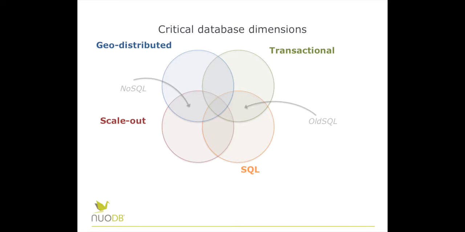And 10 years ago, what was available in a traditional scale-up database was a lot less capable than it is now. But even so, there are many use cases where you just can't deal with that. It's not a suitable solution. And if you're going to the cloud, of course, you want to go scale-out. So the NoSQL databases were addressing the cloud requirement entirely. But in order to escape scale-up, they kind of threw out the SQL and transactional babies with the scale-up bathwater.